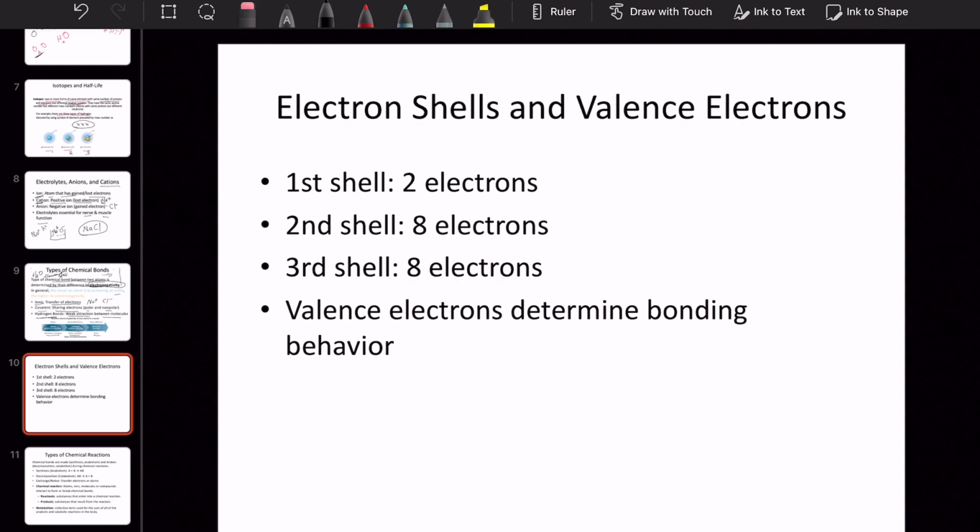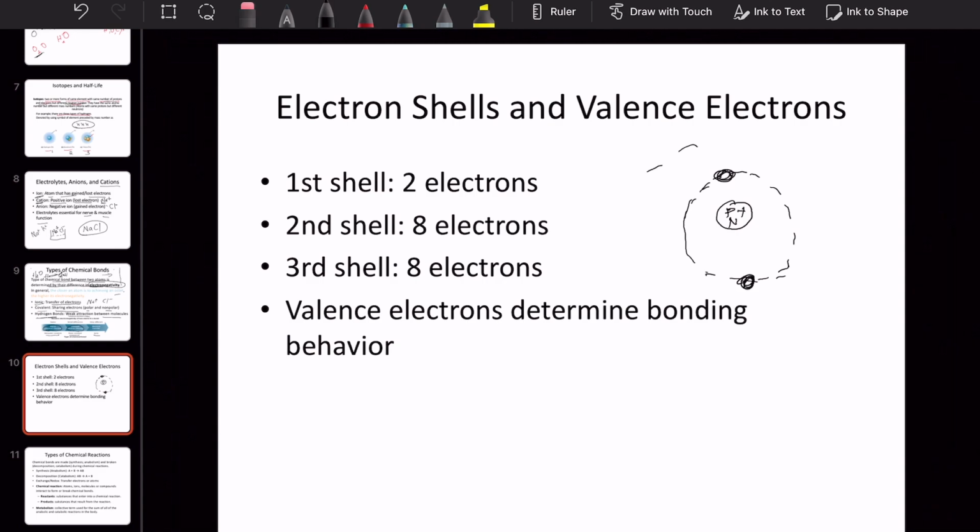So for atoms, like I said, the nucleus has protons and neutrons. Protons have a positive charge, that's the nucleus. Outside there are shells, that is the electron cloud. The first shell can occupy 2 electrons.